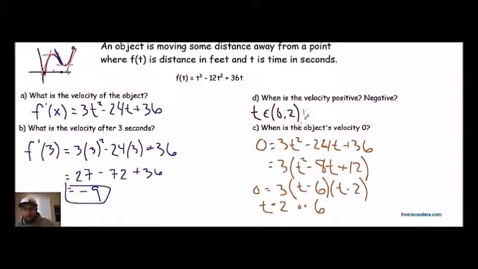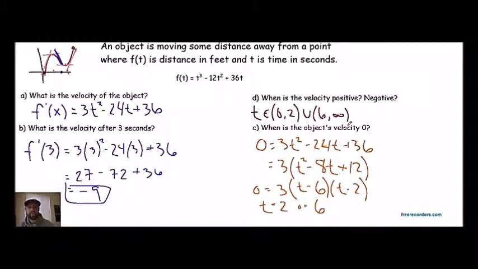And then we also see that at 6 seconds I'm going to start moving back to the right again, when I am at 6 seconds or greater. Technically this would be to infinity, but we'll cap this off at 8 seconds later on.